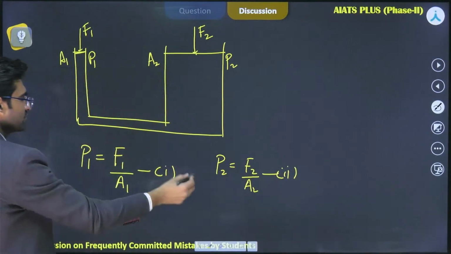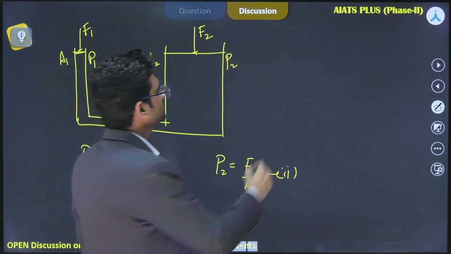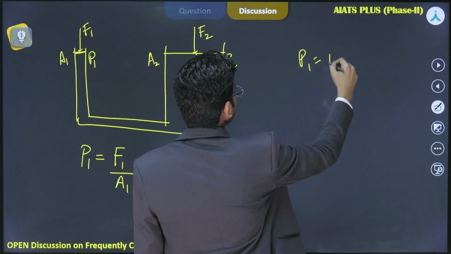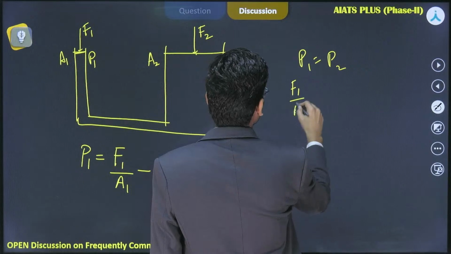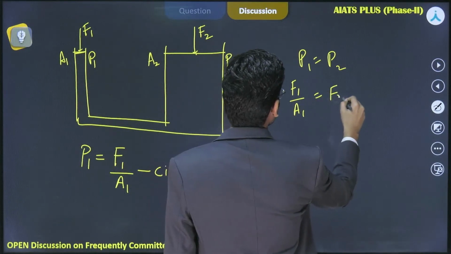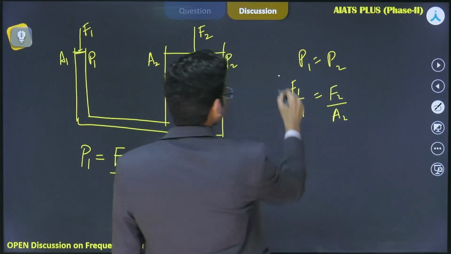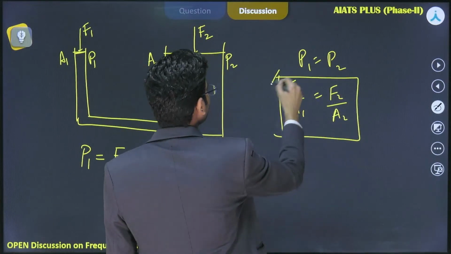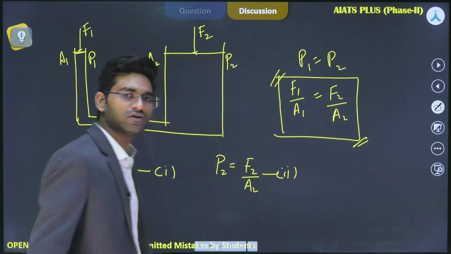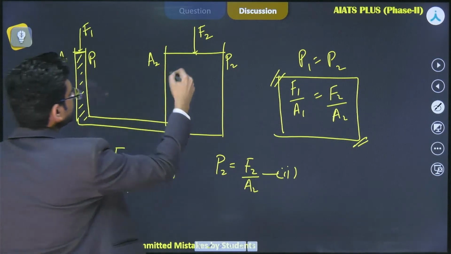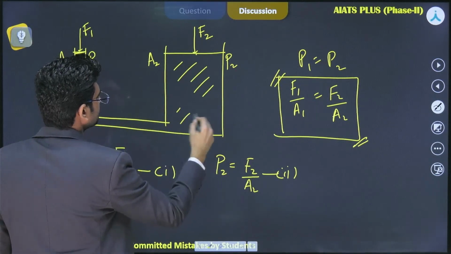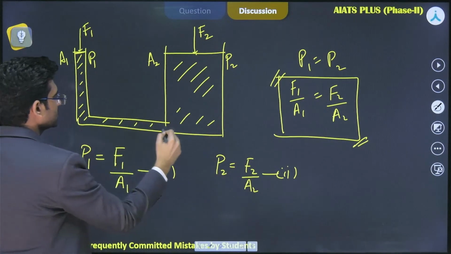And if both of these pressures are equal, according to Pascal's law, P1 is equal to P2, this will become F1 by A1 is equal to F2 by A2. This is the formula which can be used in solving these hydraulic lift questions.